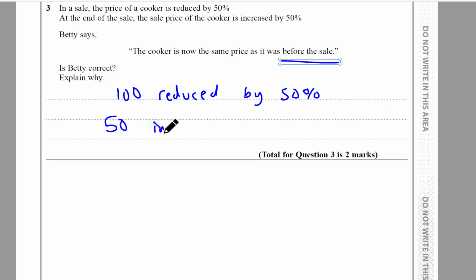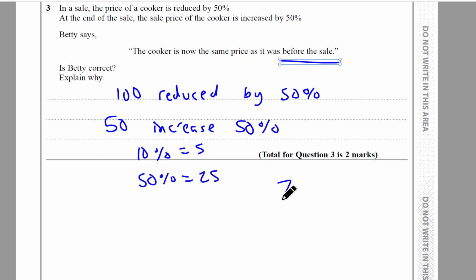Now if we increase 50 by 50%, we know 10% equals 5, so 50% equals 25, so the new price will be £75, which is not the same price. And using any value, but 100 is just nice and easy, and then you need to justify it.